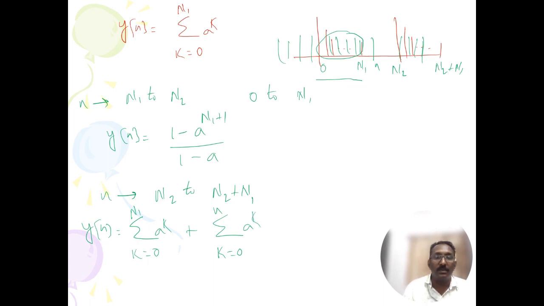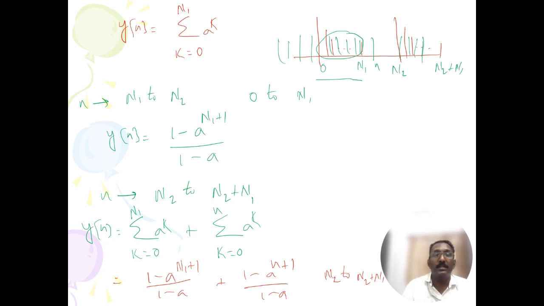If we simplify this equation, what you will get is 1 minus a power n1 plus 1 by 1 minus a plus 1 minus a power n plus 1 by 1 minus a, as long as n value is in between n2 to n2 plus n1.